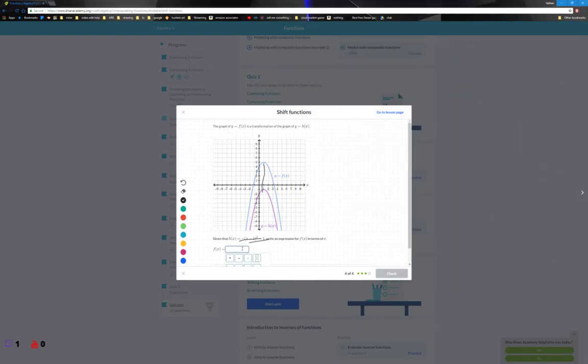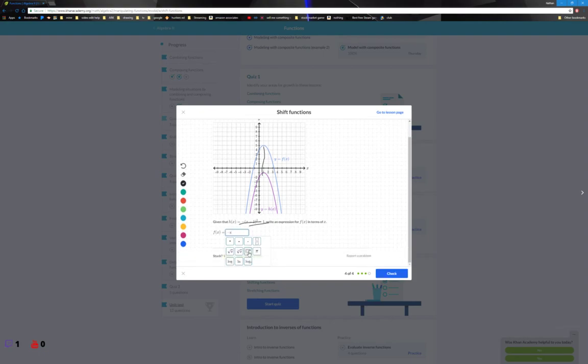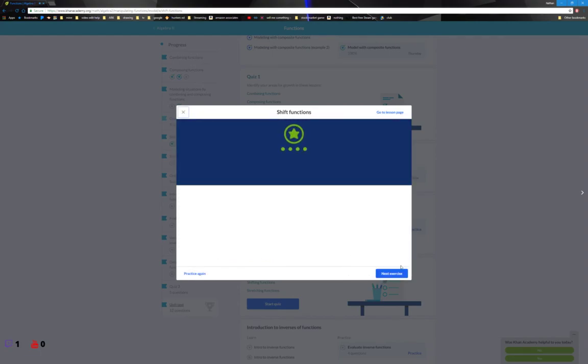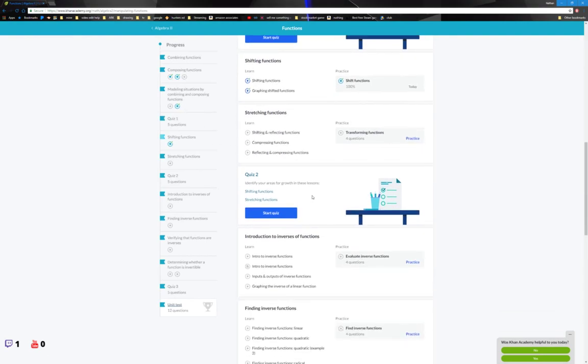It is negative x squared plus 2x plus 4. Check. And we're done with shifting functions. We'll do stretching functions as well today.